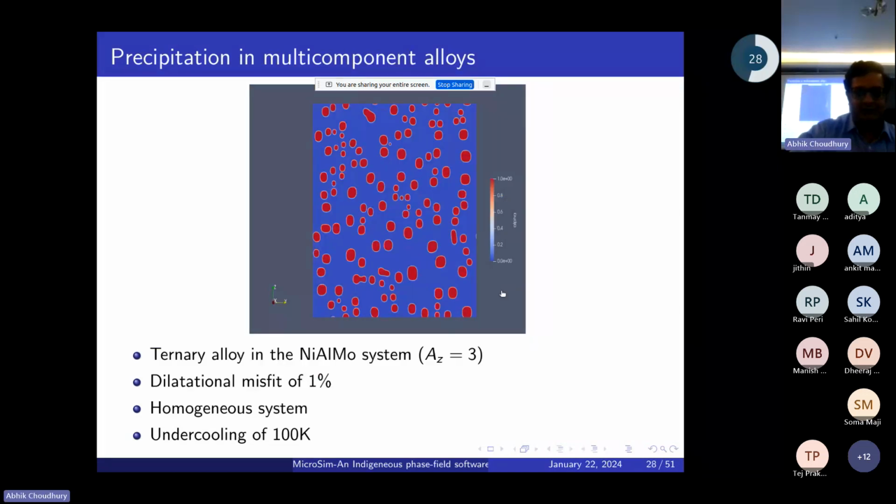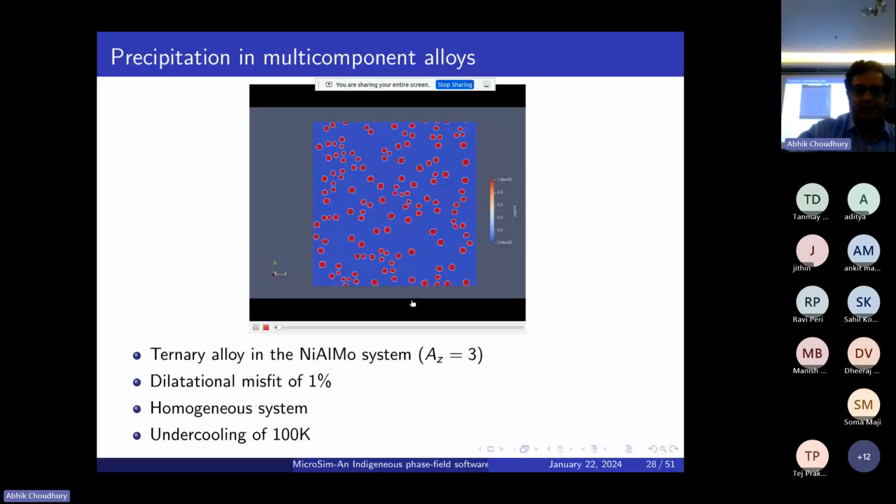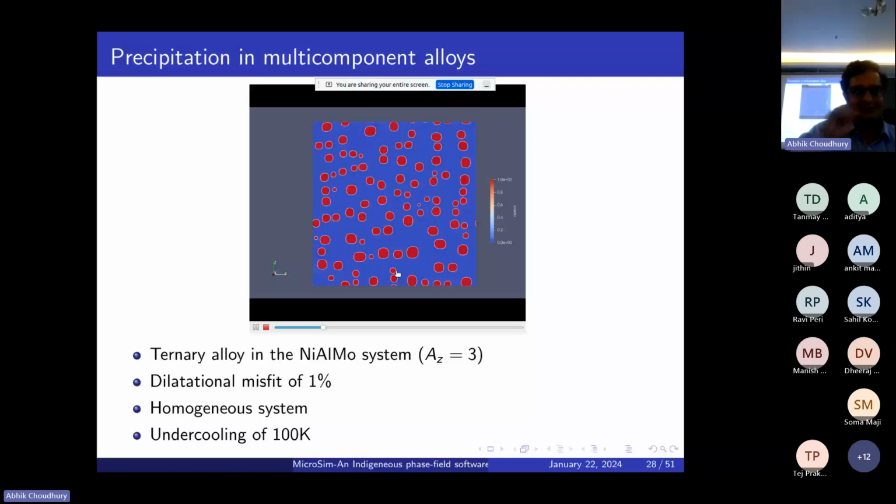This is again a simulation of precipitation in a multi-component nickel-based superalloy, where you see these precipitates are no longer circular but have squarish shapes, which is a consequence of having coherency in the microstructure.